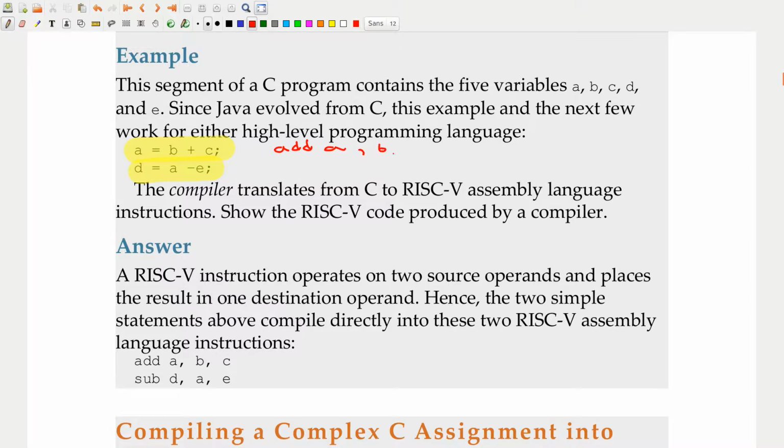We're adding B and C, which is what they have down here. And the same thing goes for the subtraction. So for subtraction, we can just say D, that's where we're storing, A, E. Now you may be asking yourself, what about the ordering?